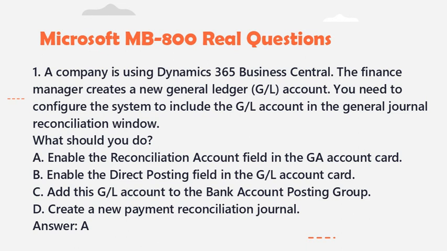A. Enable the reconciliation account field in the GL account card. B. Enable the direct posting field in the GL account card. C. Add this GL account to the bank account posting group. D. Create a new payment reconciliation journal. Answer: A.